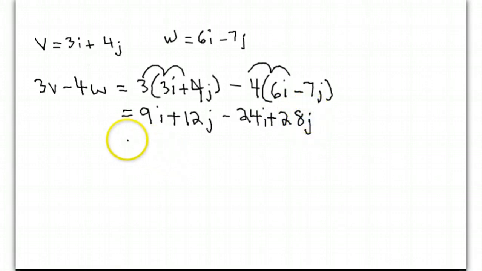Okay, and once you get to that point, you're just simply adding up the like terms. So you got a 9i, and then you got a negative 24i. That's going to give you a negative 15i.